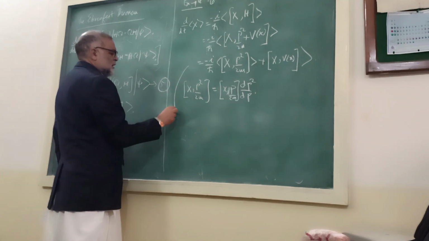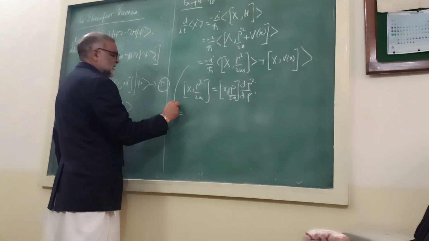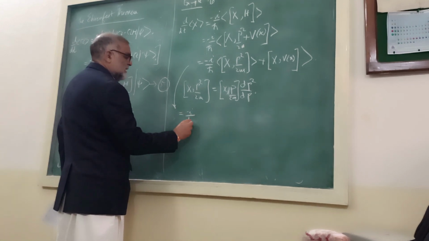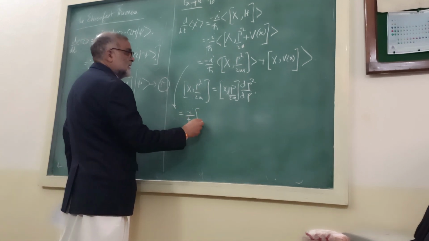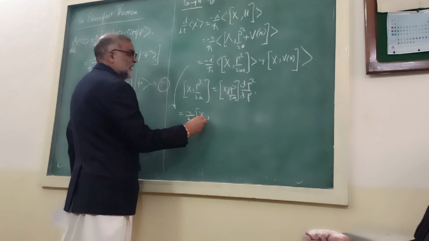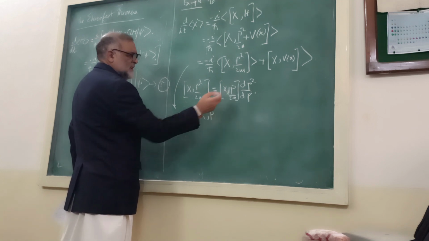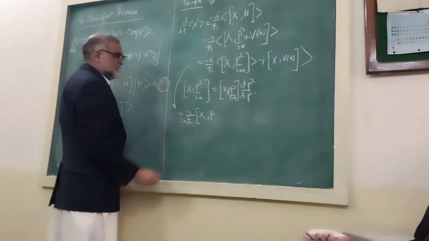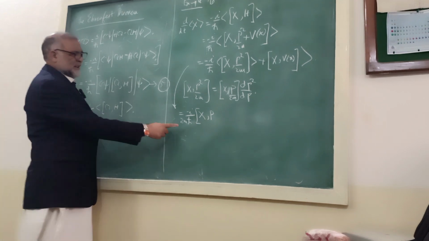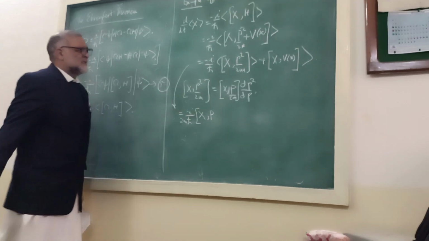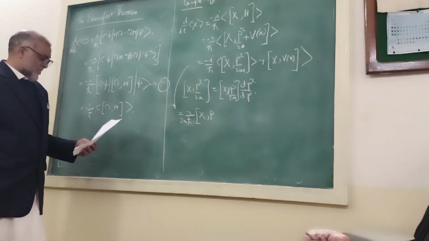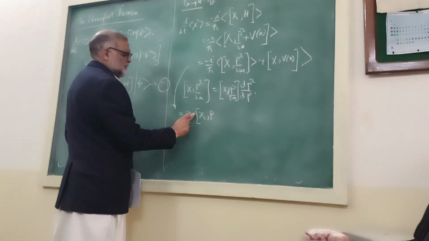So this will become what? Minus i by h cut, x and p, and I'm taking the 2m common here, 2m, and the expectation value.